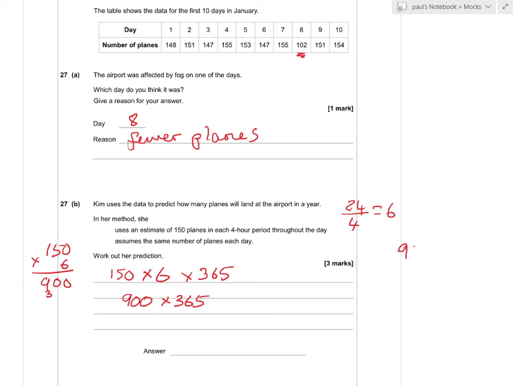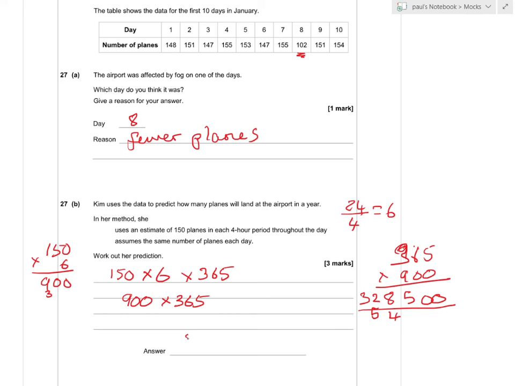Times 365 days a year. So now 365 times 900. 5 9s are 45. 6 9s are 54, so that's 8 and a 5, and 3 9s are 27, plus the 5 is 32.